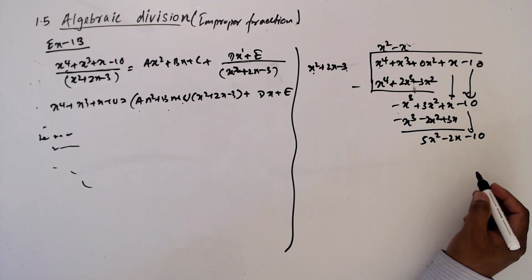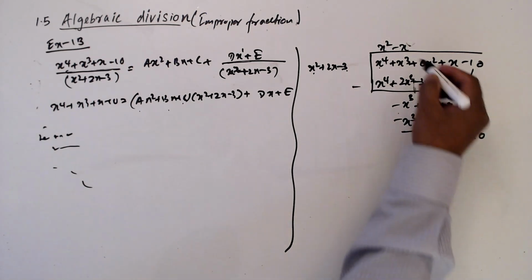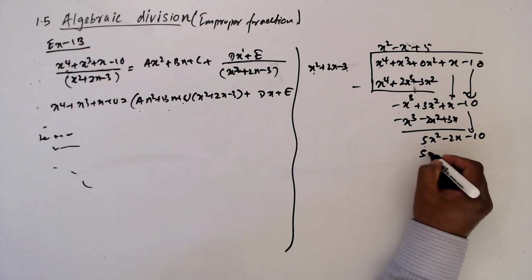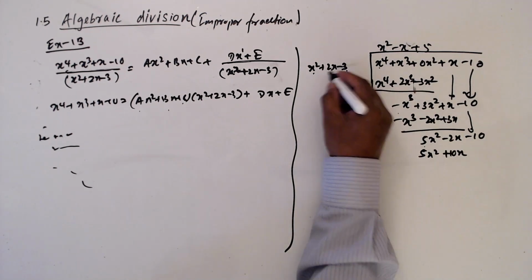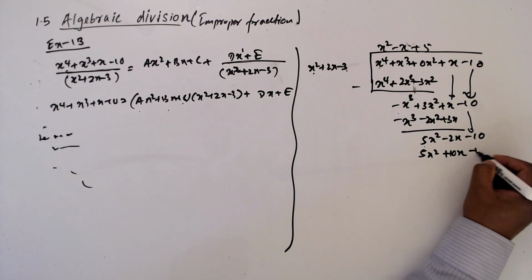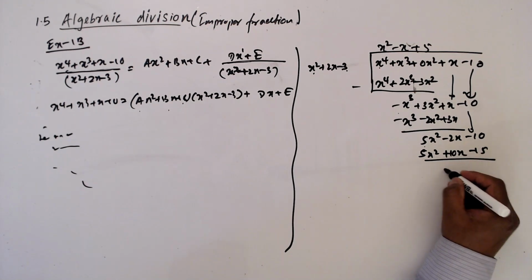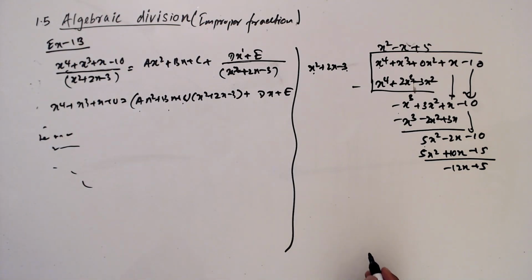So far I think I'm right. Then 5 times x square plus 10x minus 15. So when you minus this one, this is going to be minus 12x plus 5.